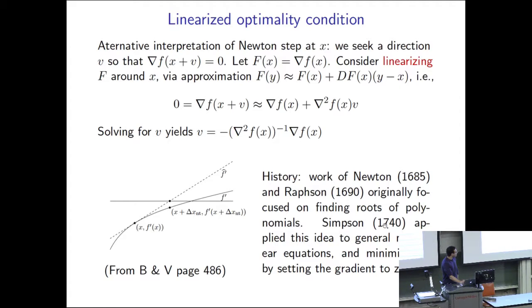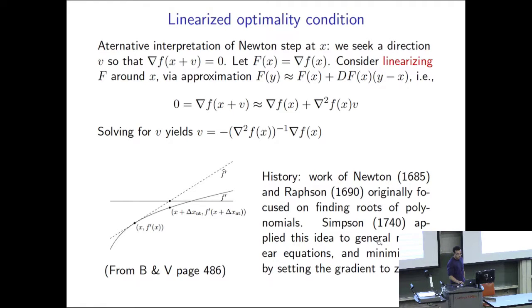We never hear about Simpson, but it was only almost 100 years later, or maybe 60 years later, that this was applied to optimization. So Newton's method in this form, for general nonlinear equations beyond polynomials, and for minimizing a function by applying it to the gradient of the function. Even though it's named after Newton, a bunch of people contributed to this.